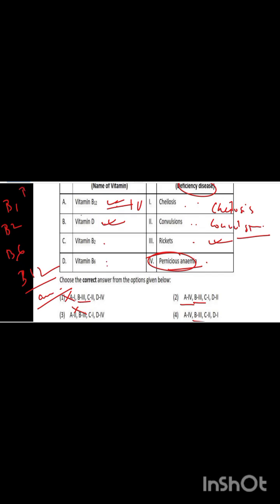In case of B2 and B6, if there is any doubt, you can just write in alphabetical order. Second letter is H, second letter is O. As H comes alphabetically first, vitamin B2 is cheilosis. That is C matches with option 1. So option 2 is correct.